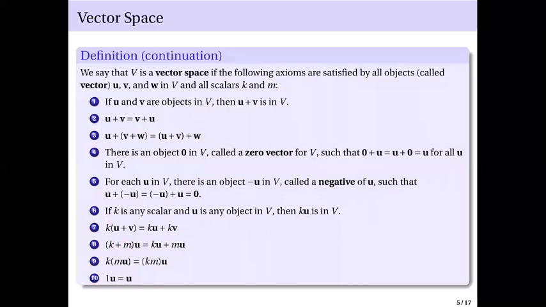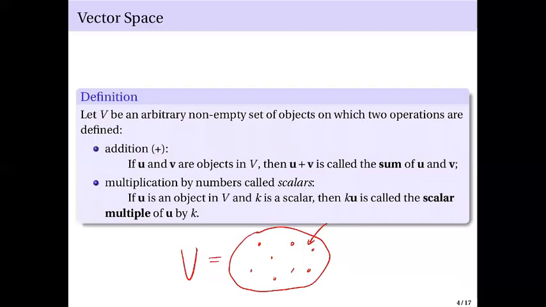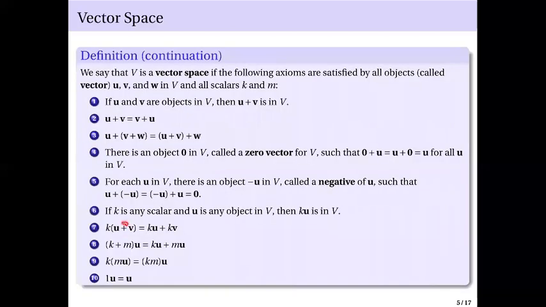Now, take note, the plus in here is the binary operation on the set V. It's the addition in the set V. On the other hand, the plus that you see in 8 on the left-hand side is the addition of scalars.